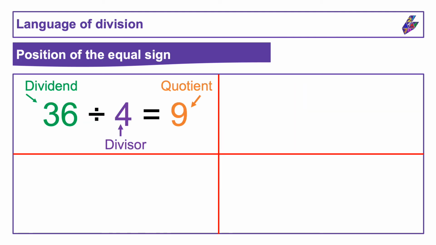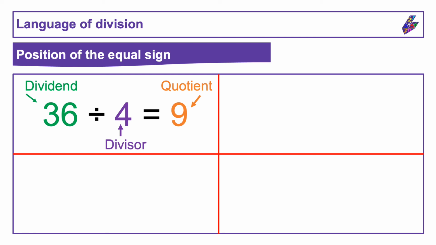One final point to note is around the equals sign. We'll explore this more in another video, but it's important to keep in mind that the equals sign is a symbol that represents an equivalent relationship between what's on one side of the equals sign and what's on the other side of the equals sign. They need to have the same value.